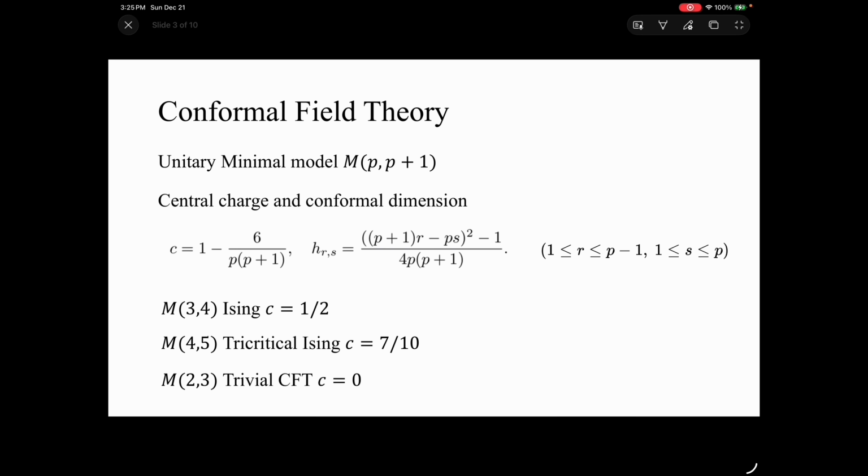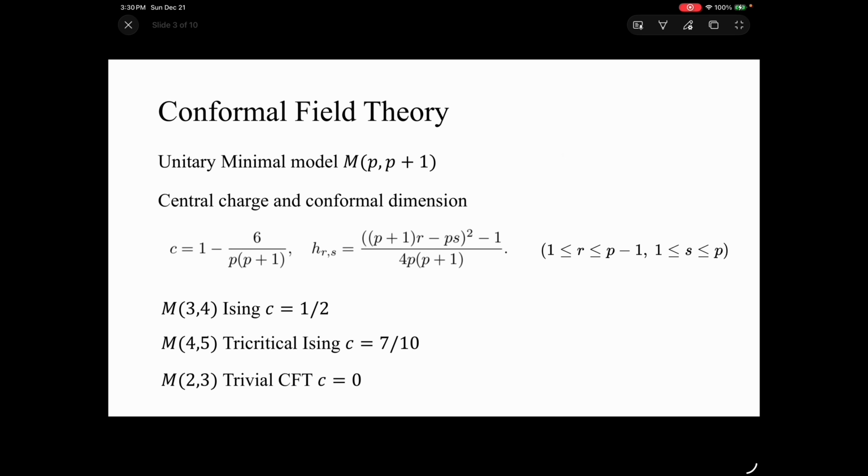Next, I would like to introduce the unitary minimal model, denoted as M(p, p+1). The central charge and conformal dimension can be expressed with the same parameter p, and the conformal dimension has two indices r and s, which denote all of the primary operators in this minimal model.